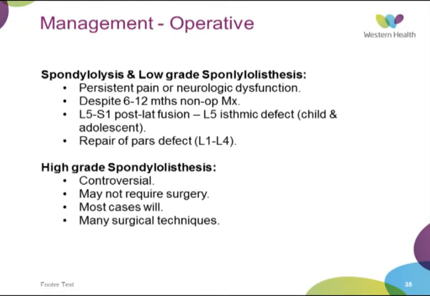So, operative management for spondylolysis and low-grade spondylolisthesis. If there's persistent pain or neurologic dysfunction, operative management may be indicated. If we've tried non-operative management for 6 to 12 months and that's failed, then we might consider operative.